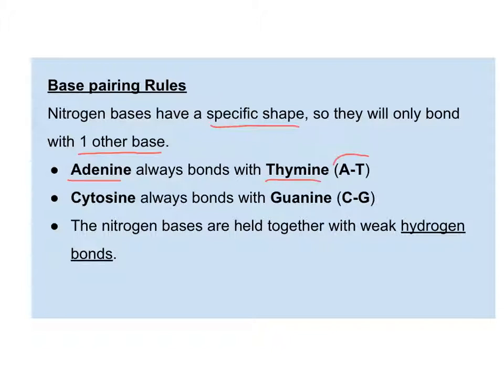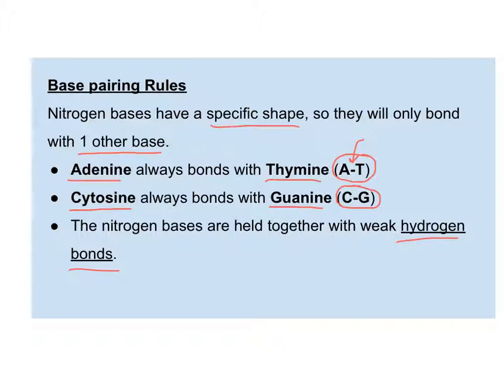So A always bonds with T, and of course T always bonds with A. Now, on the other hand, cytosine, the nitrogen base, always bonds with guanine, or C always bonds with G, or G always bonds with C. And remember, those bonds that bond them together are weak hydrogen bonds.